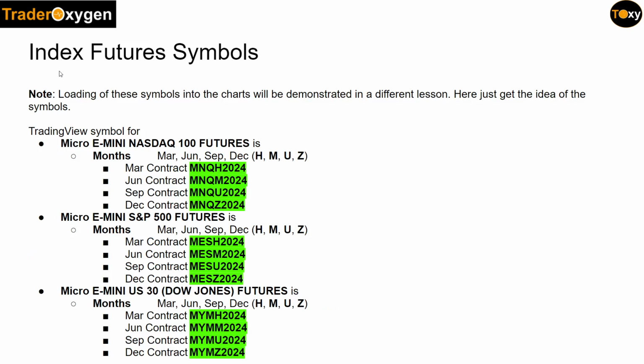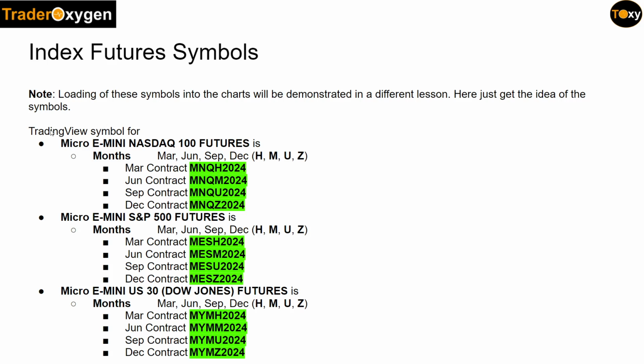When you are trading index futures, there are symbols. Now we are listing the symbols, but the actual practical of loading the symbols into the charts will be demonstrated in another lesson. Here, what you need to do is just get an idea of the symbols. When we do the practicals in the next lessons, you will be able to load these contracts.